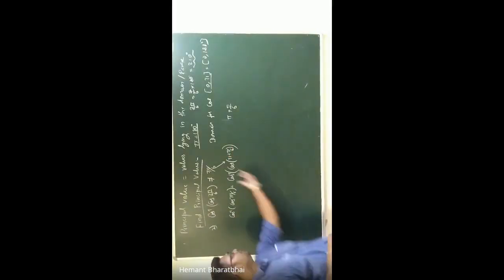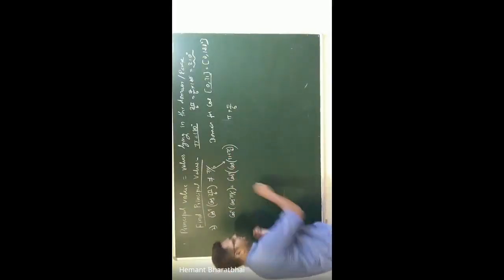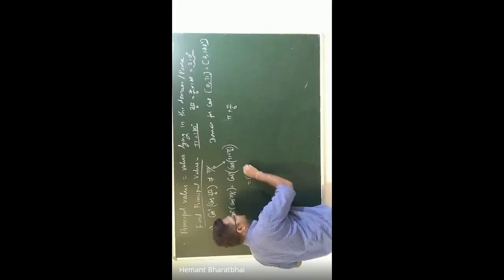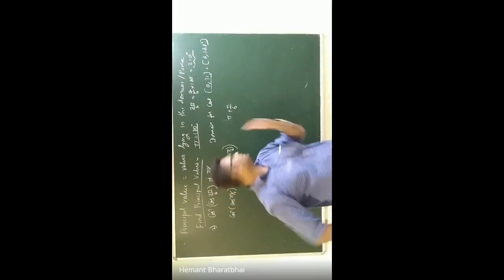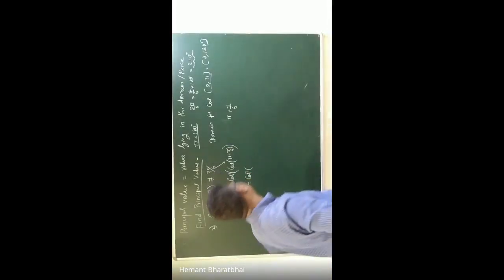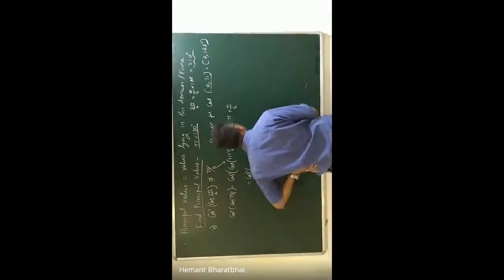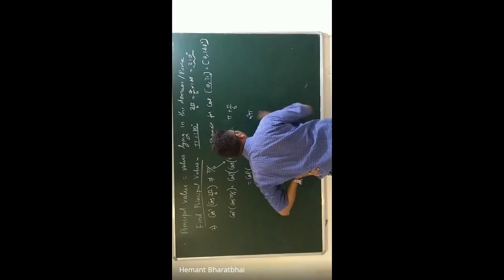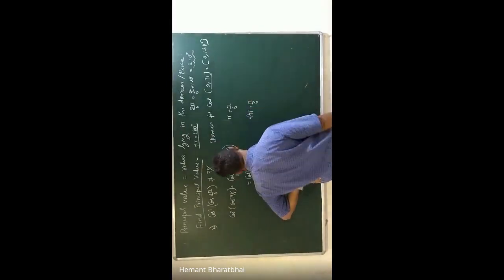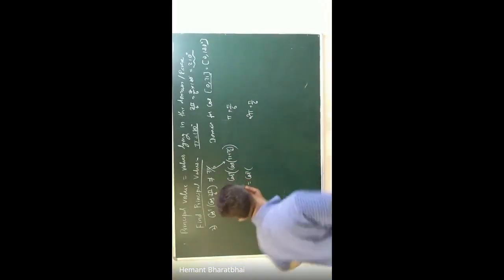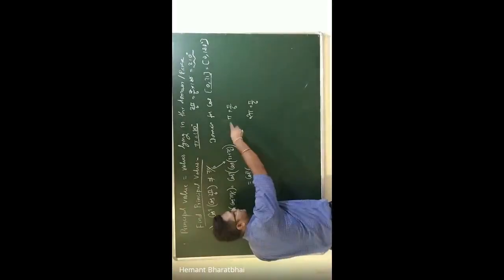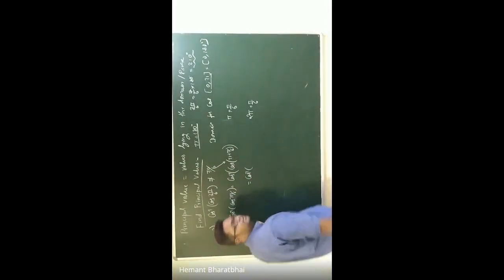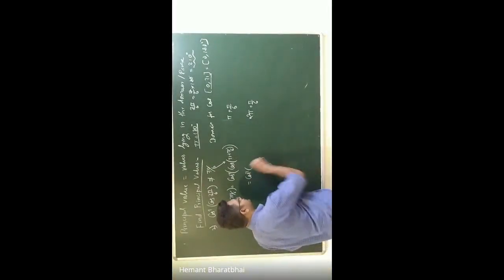Now this can be written as cos inverse of cos of pi plus pi by 6. Cos of pi plus theta is going to go in the third quadrant. In the third quadrant cos is negative.